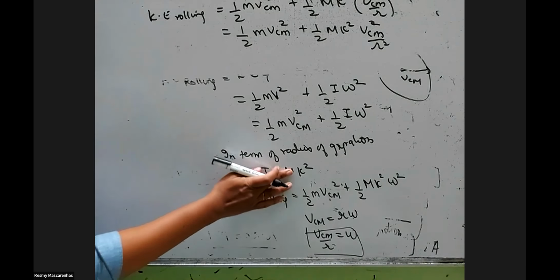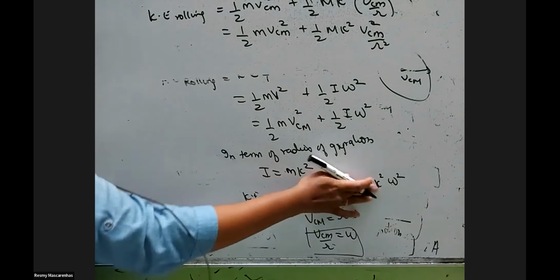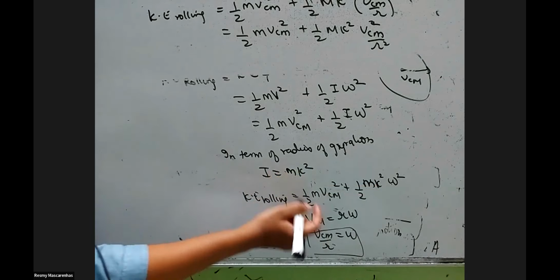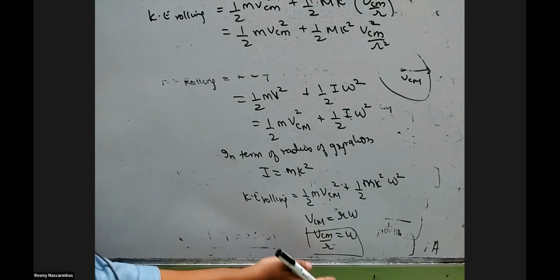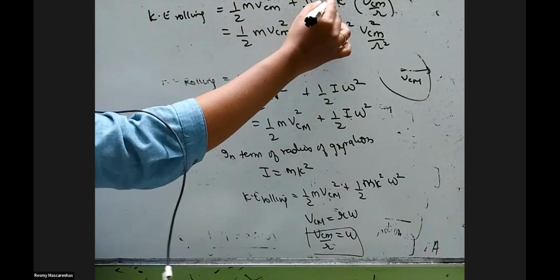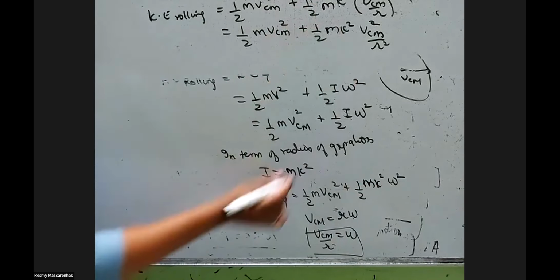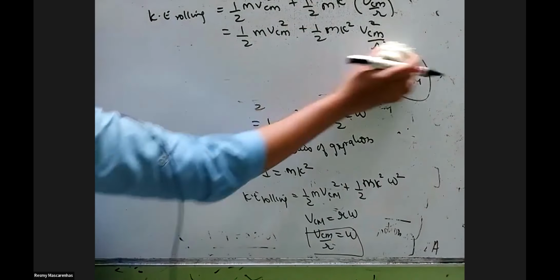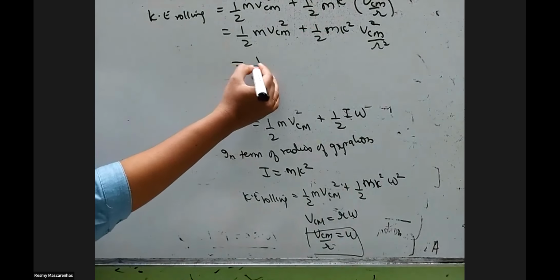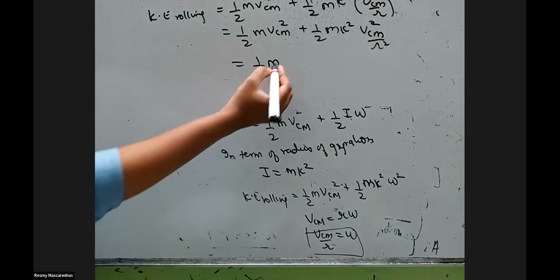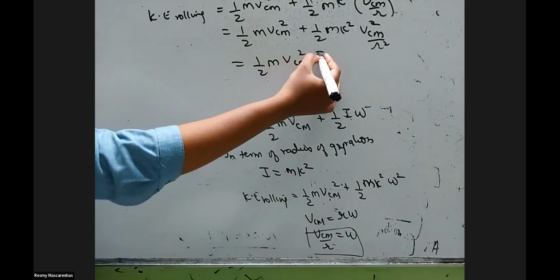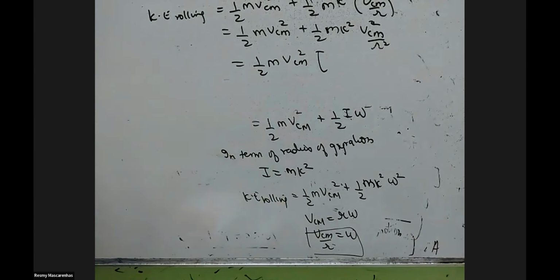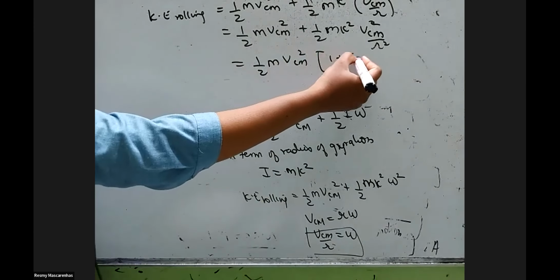If you are using the same letter, we'll use it. Otherwise, if I'm using M here, I'll use small m only. The same mass, no? Same one, small m. So take out everything common. So what remains is 1 plus K square upon R square.